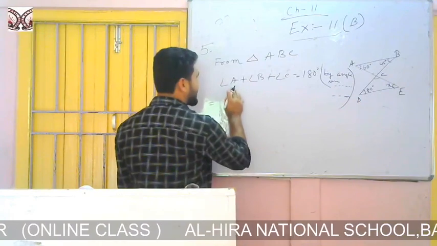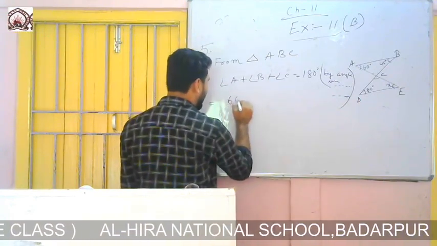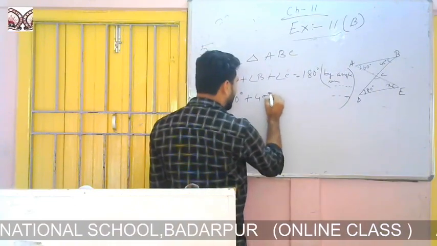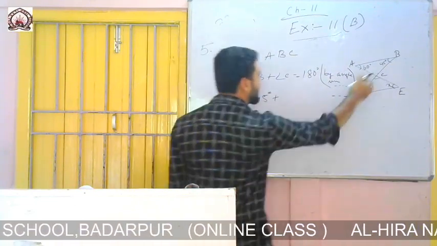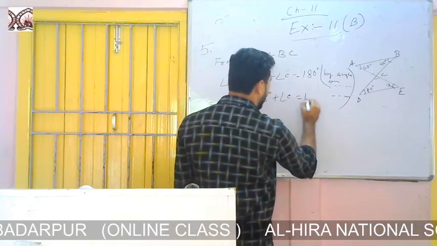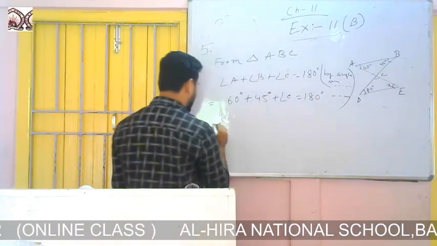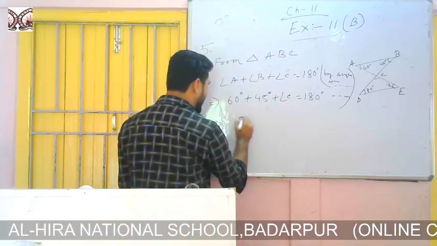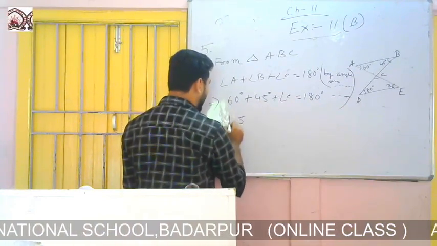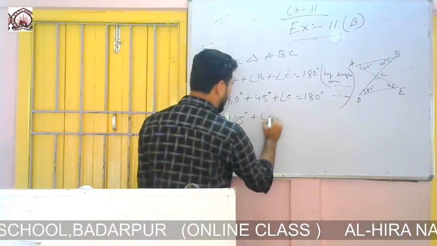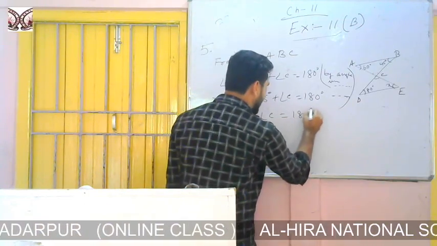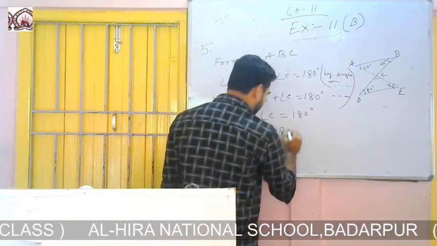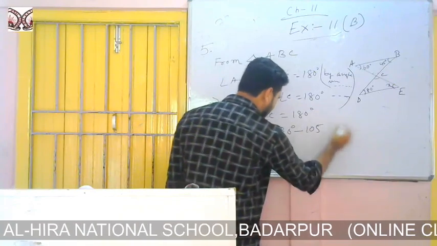So you see, in place of angle A I can write what? 60 degree, plus in place of angle B I can write 45 degree. The measures are given and we have to find C. Okay. Then 60 plus 45, that means 5, and 6 plus 4 what? 10, 105 degree plus angle C. So if I subtract 105 from 180 degree, then I will get the measure of angle C. Okay.